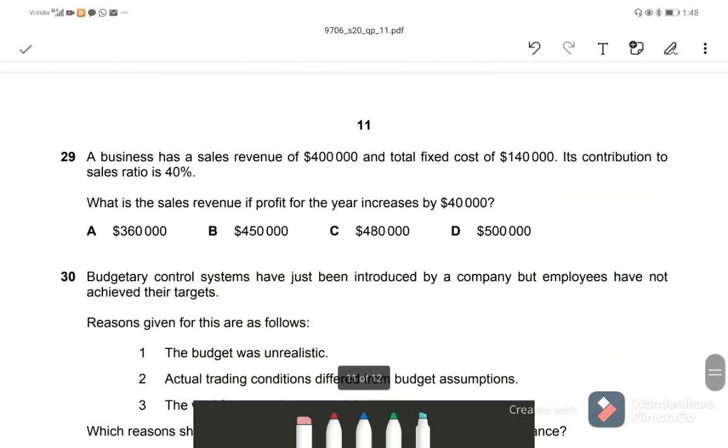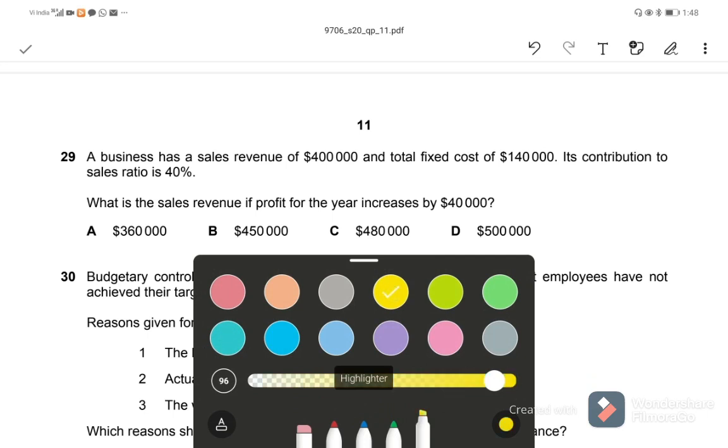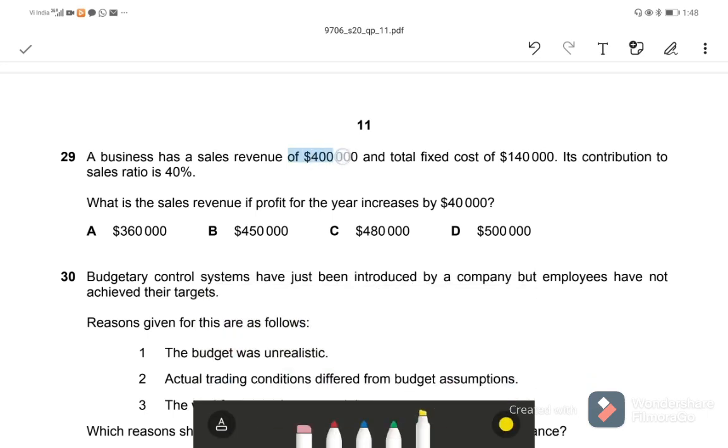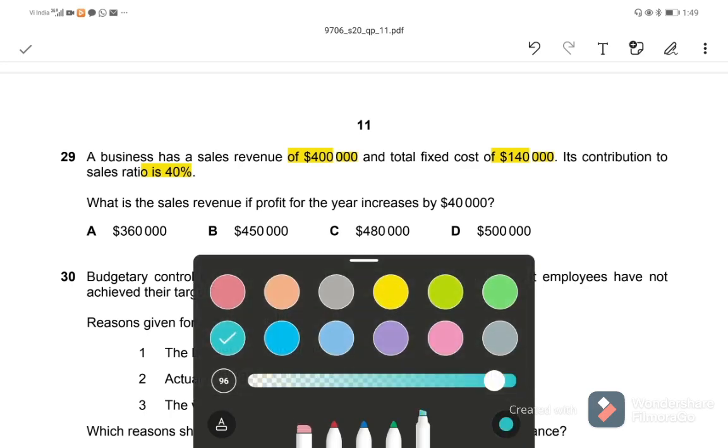29. A business has sales revenue of 400,000, fixed cost of 140,000, and a contribution to sales ratio of 40%. What is the sales revenue if the profit for the year increases by 40,000?